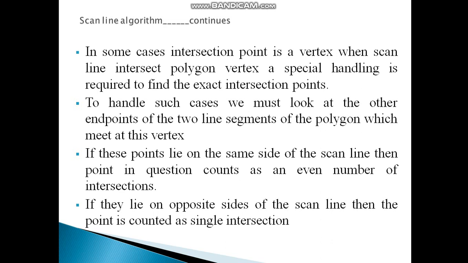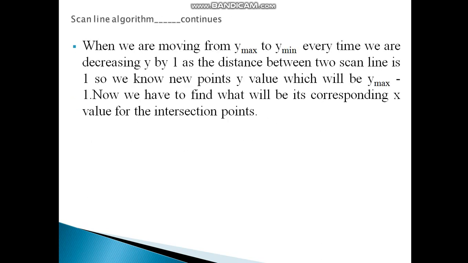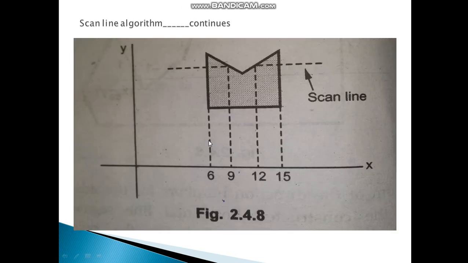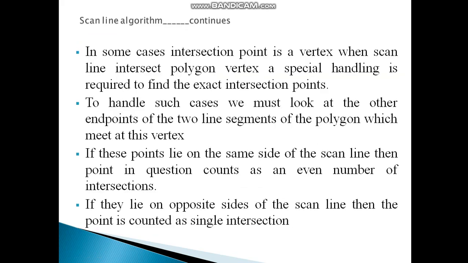If these points lie on the same side of the scanline, then the point in question counts as an even number of intersections. In this figure, this is the vertex.